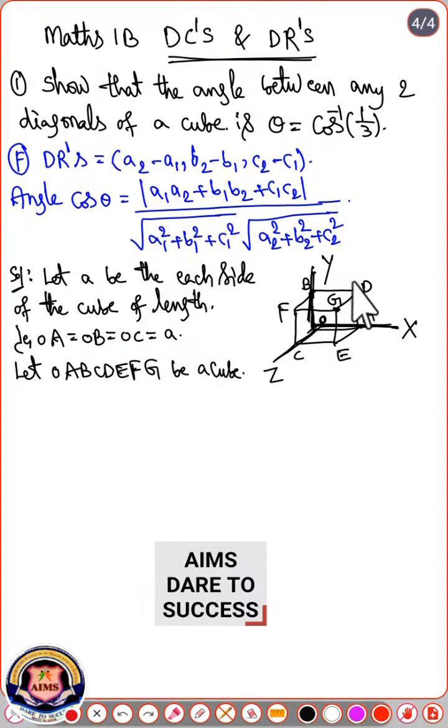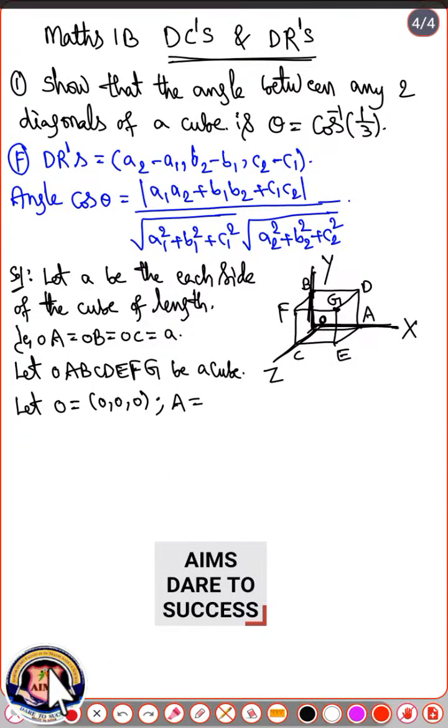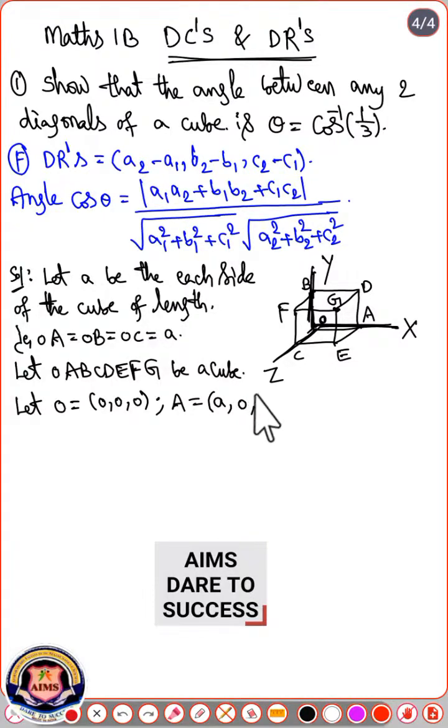My dears, these are the points. First of all, O means origin, all values are equal to 0. A lies on the x-axis, so x is a, y value 0, z value 0.